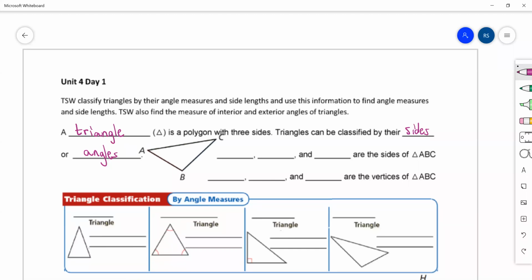The sides of this triangle are segment AB, BC, and then CA.